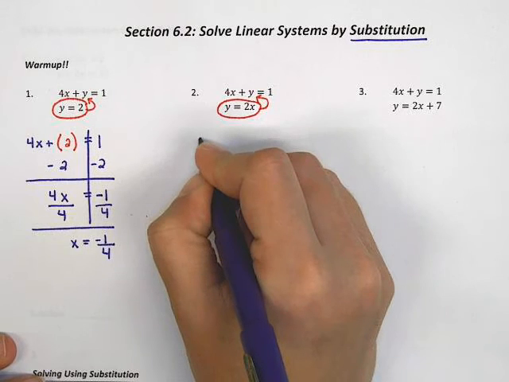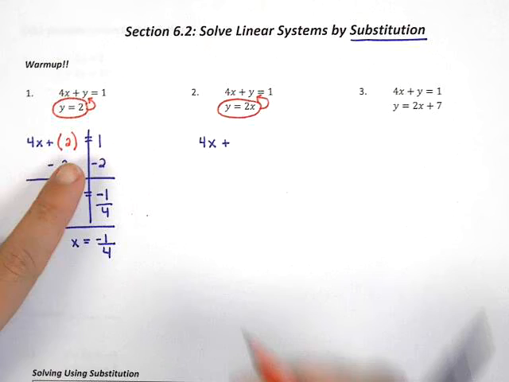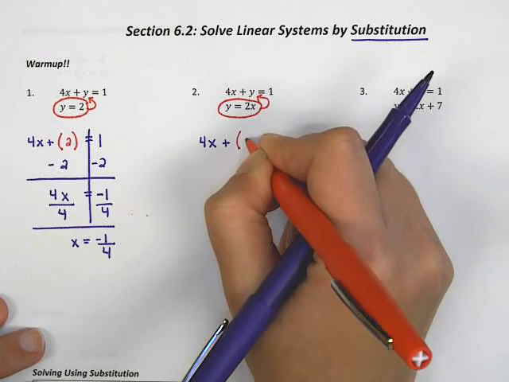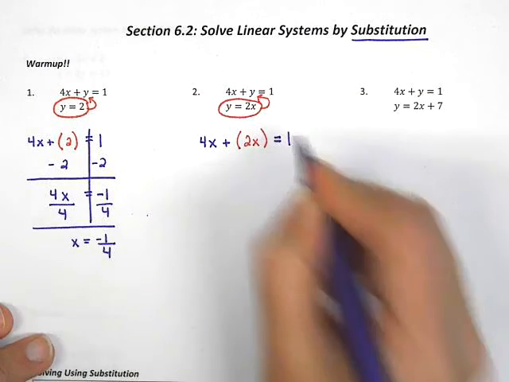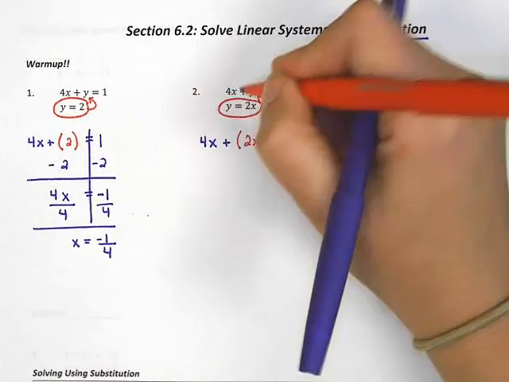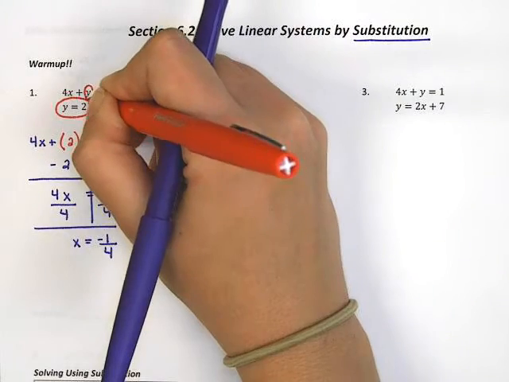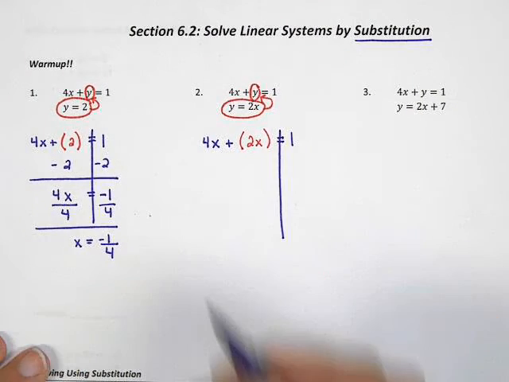All that would change here is that we would have 4x plus, instead of the 2, like we had in the first problem, we would put parentheses 2x and then equals 1. So we're replacing the y with a 2x, just like we replaced the y with a 2 in the first problem. Now this is still an equation that we would be able to solve.